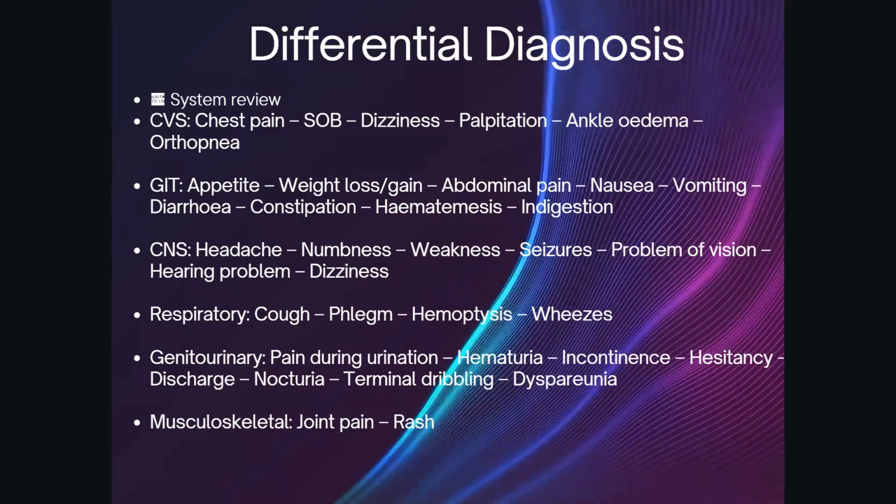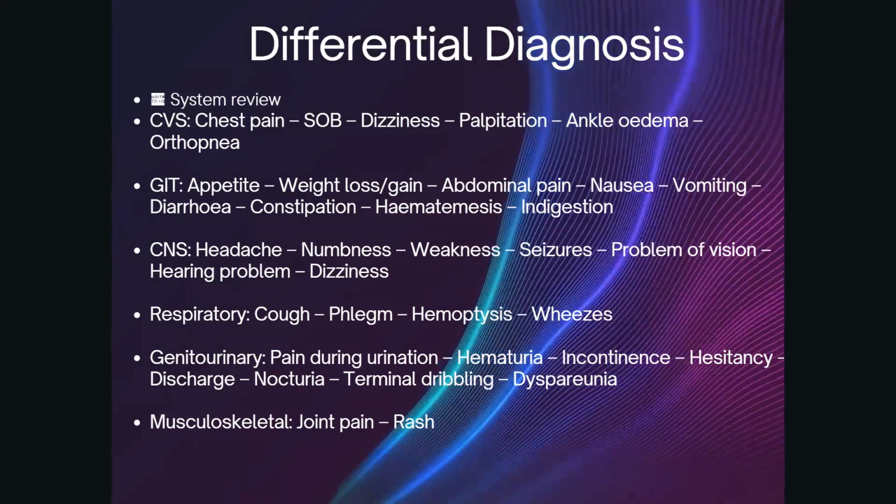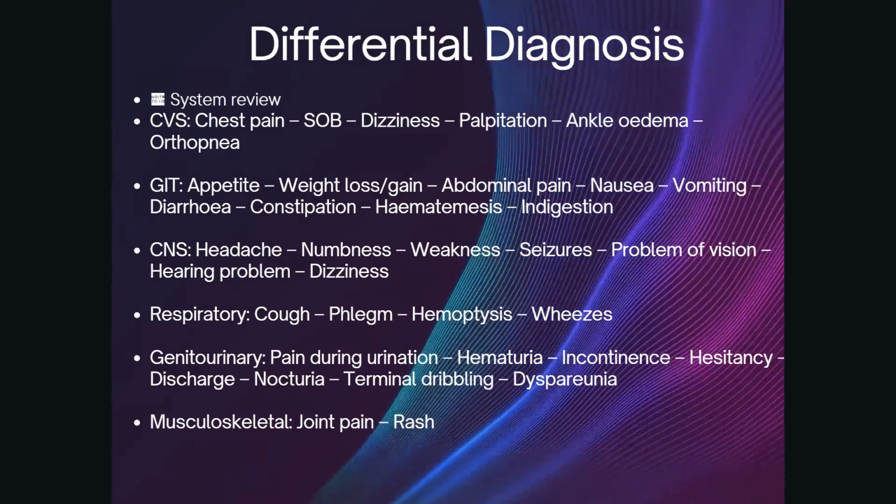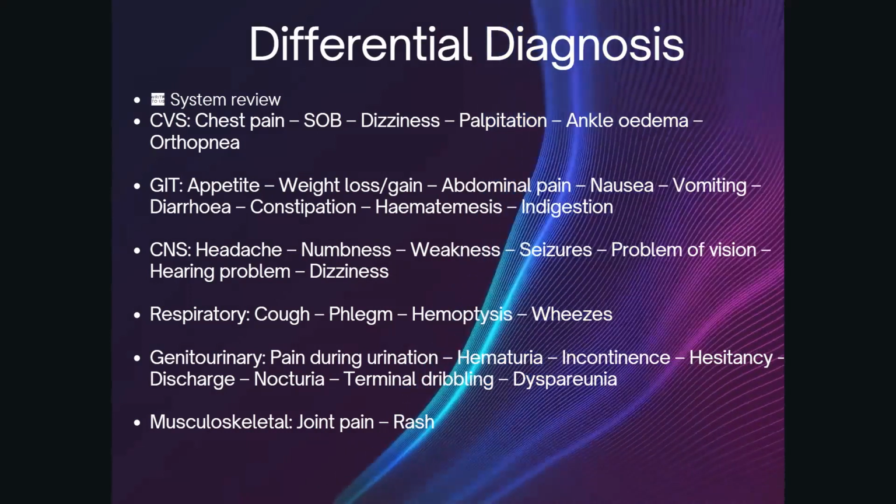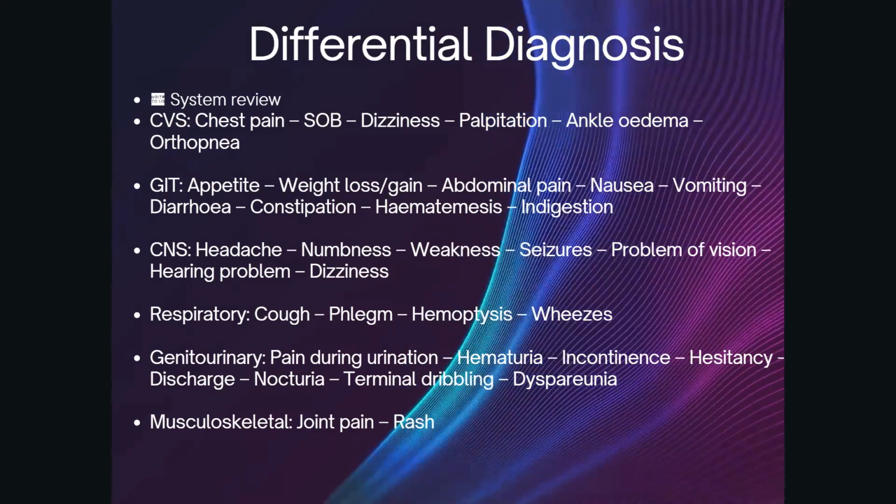Differential diagnosis is very important whenever you're speaking to your patient with any symptom related to any of these systems. Try to ask about the other relevant symptoms. For example, if a patient comes to you with chest pain, it's very specific to ask about breathlessness, any dizziness, any palpitations or fast heartbeats, any ankle edema or insomnia. All of these symptoms can be associated with chest pain, so it's very important to ask about these questions.